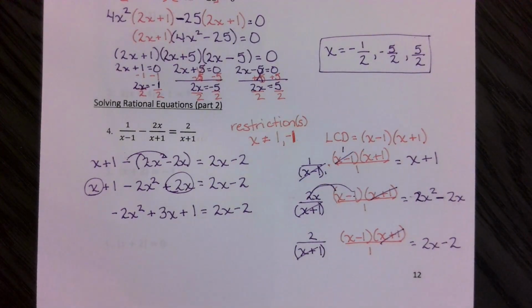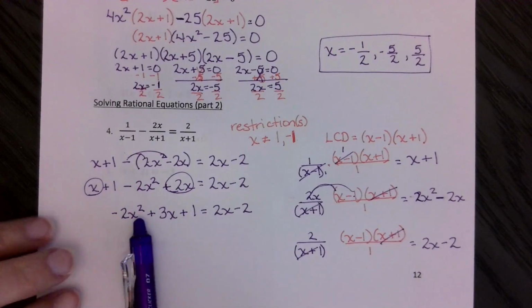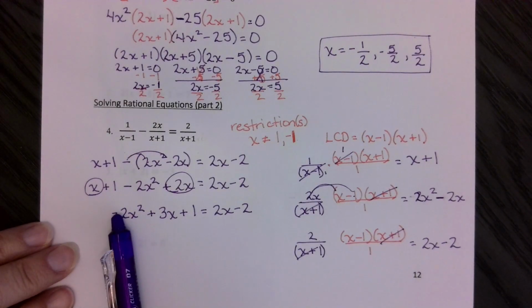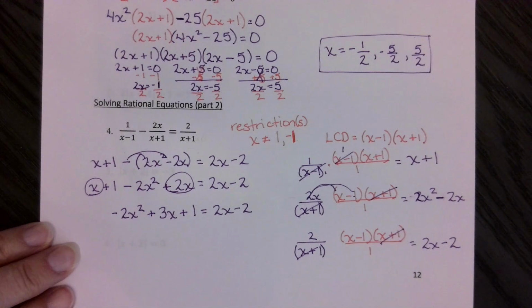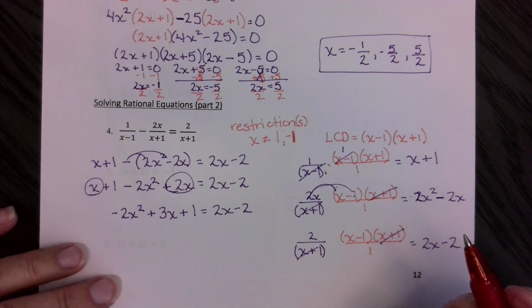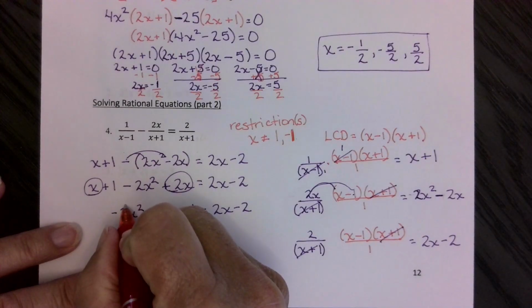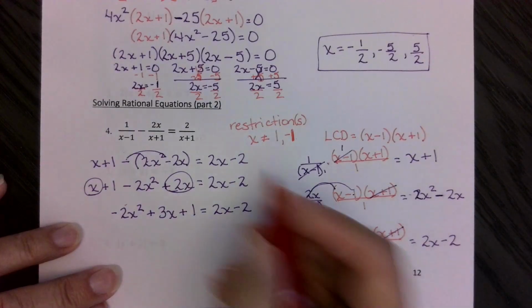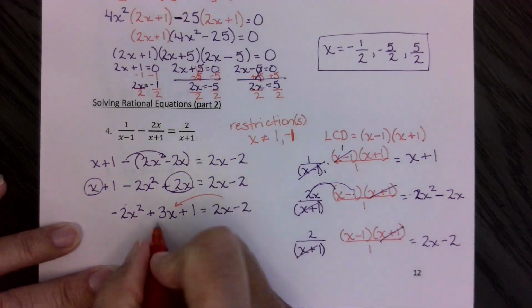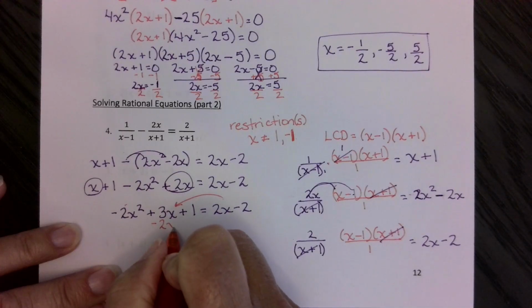Okay, I got to get everything over to one side. Now I'm going to tell you right now, I don't like this being negative, okay? But I'll show you how I would, I'm going to do this a little bit different than I usually do. I'm just going to leave it. I'm going to move this 2x over here just because this is how I've been doing every other problem.